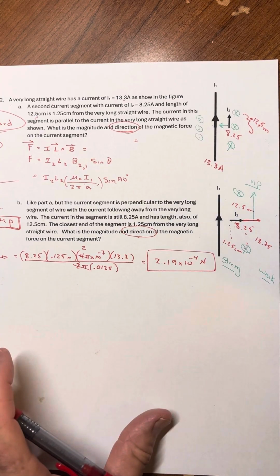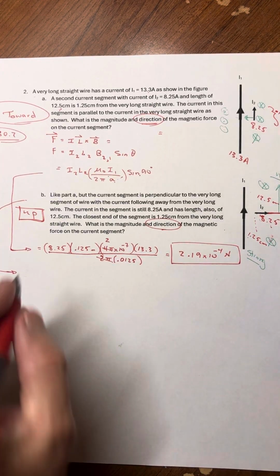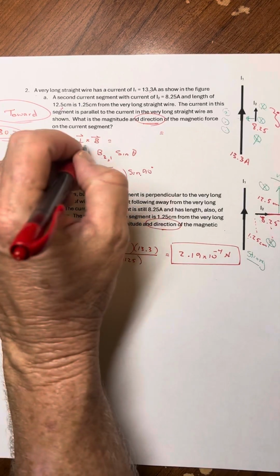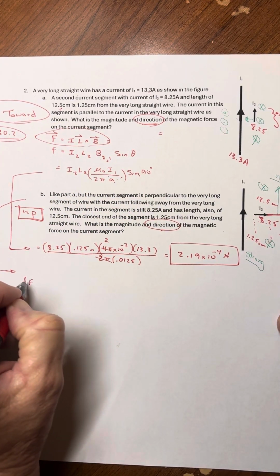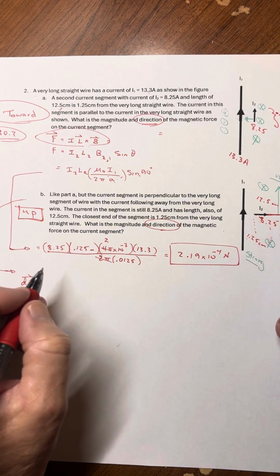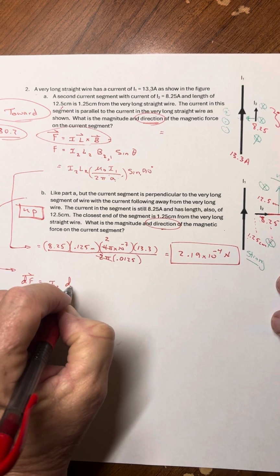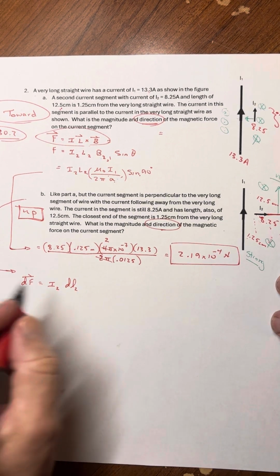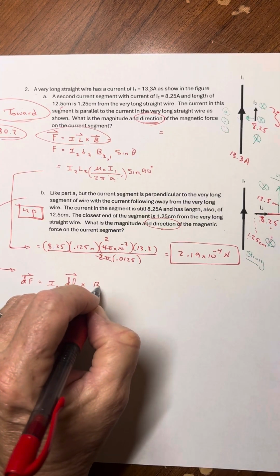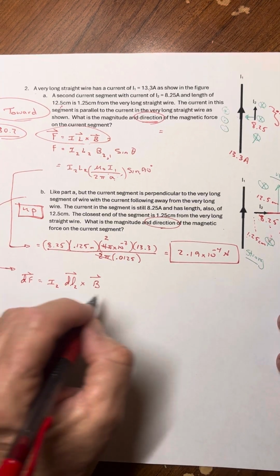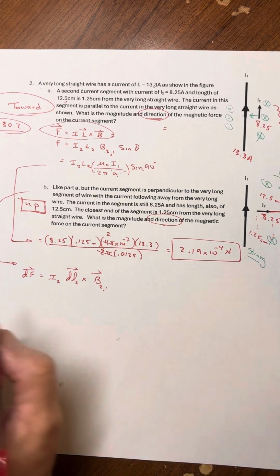Okay, great. Now, as we said in terms of our calculus, why don't we change this little formula into its microscopic piece? That is, a little bit of force dF would be the current in that segment number 2 times a little bit of length of number 2 cross whatever the field is at that little piece of 2 created by number 1.